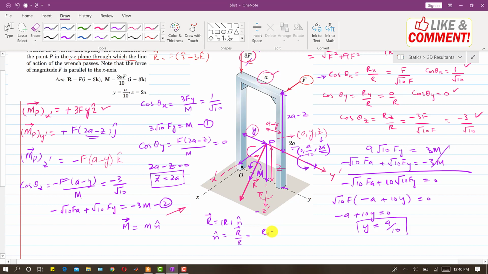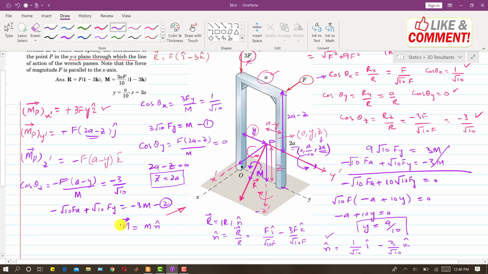One component is along x, so we can write F i, and that vector is F i minus 3F k, and if we divide it by this magnitude, which is under the root 10 F, so this unit vector is equal to this thing. This F will be cancelled out and we will be left with this, and again this F will be cancelled out, so this is that unit vector.